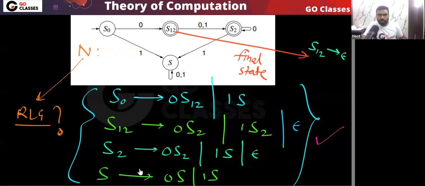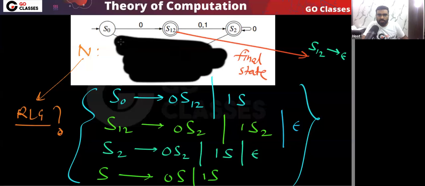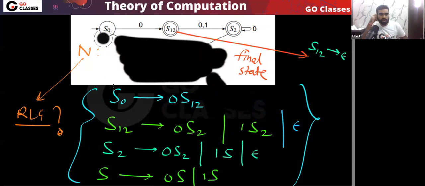But another option is possible. You can remove the dead state, because this dead state will not contribute any strings to the language. Yes or no? So after removing this, now you can notice this is also gone. From S0 on 0 we are going to S12, so you can see this is also gone.